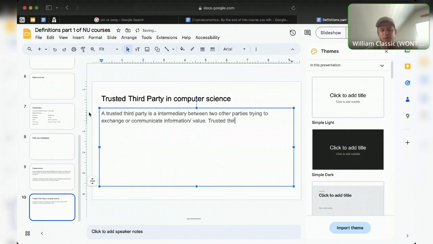Trusted third parties emerged in the internet and finance / economics to basically de-risk oneself from the counterparty.